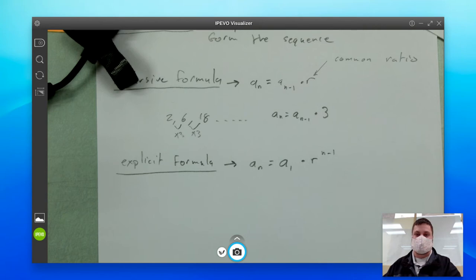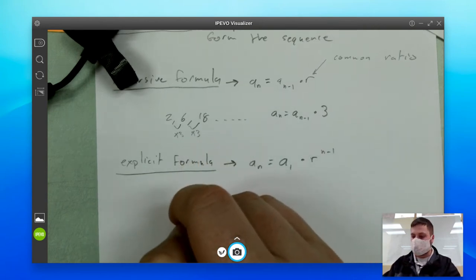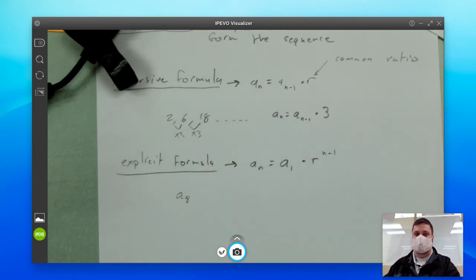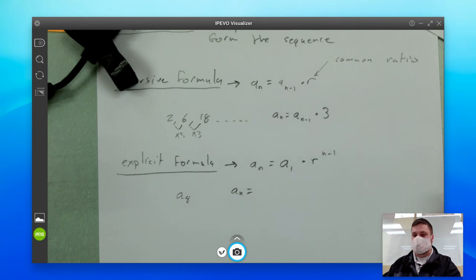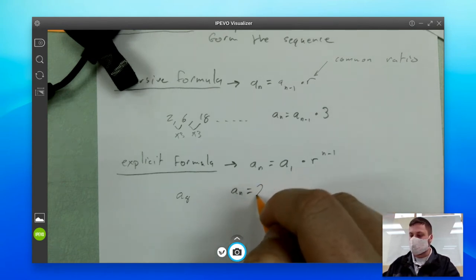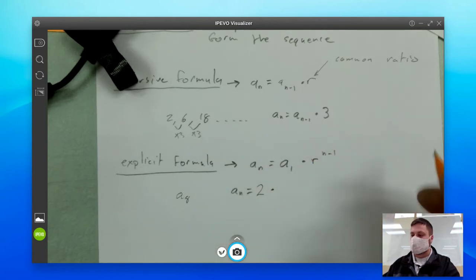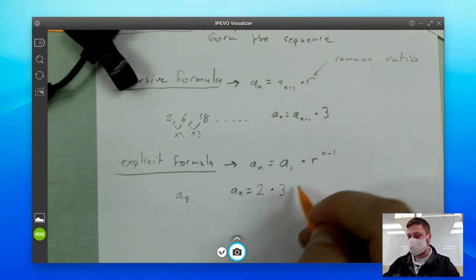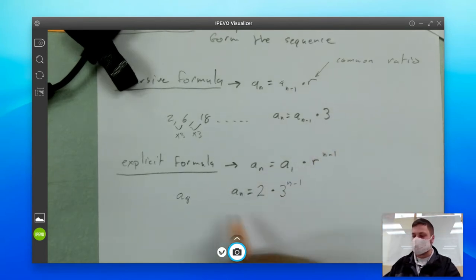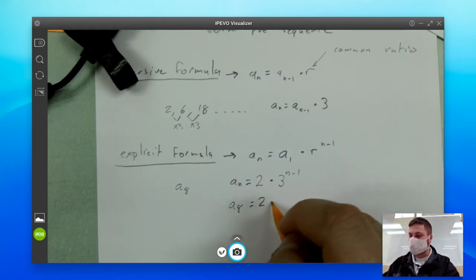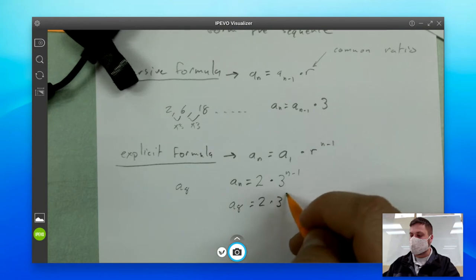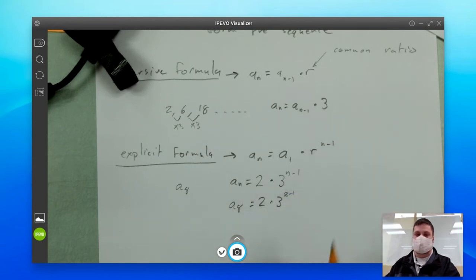Okay, so let's say, for instance, that I wanted to find the 8th term of the sequence above. Well, its explicit formula would be that the nth term would be the first term, a of 1, 2, times that pattern number, or common ratio, of 3 to the n minus 1 power. So if I wanted to find the 8th term, I would just do 2 times 3 to the 8 minus 1, or 7th power.